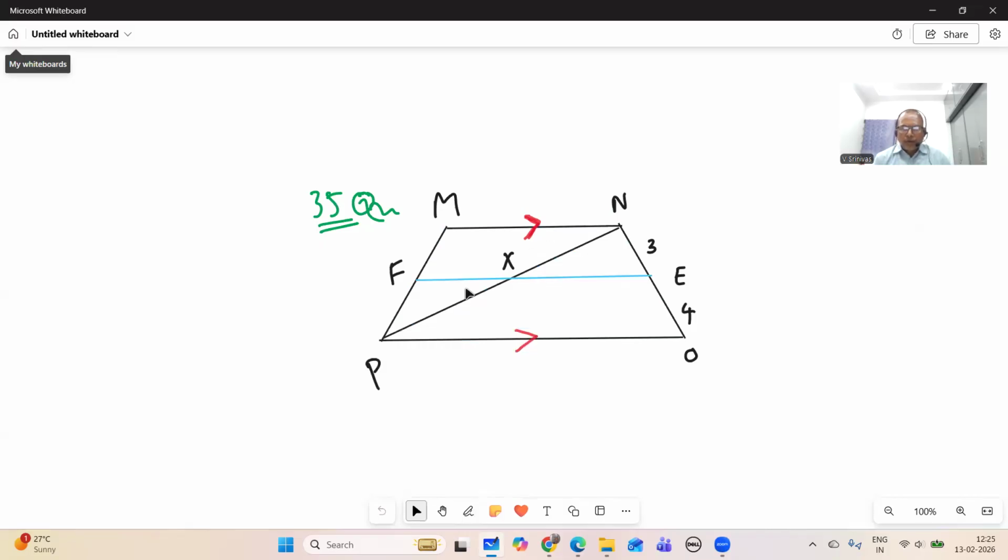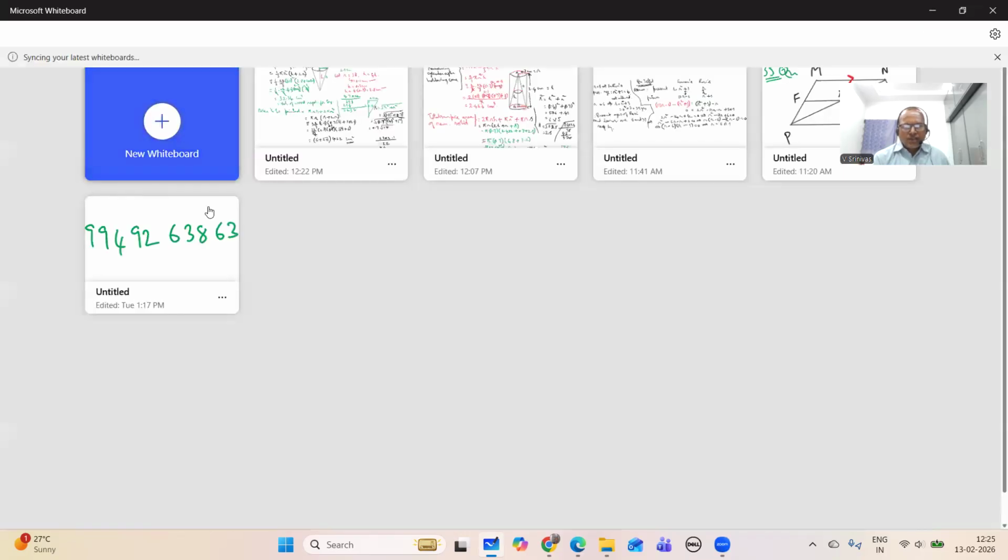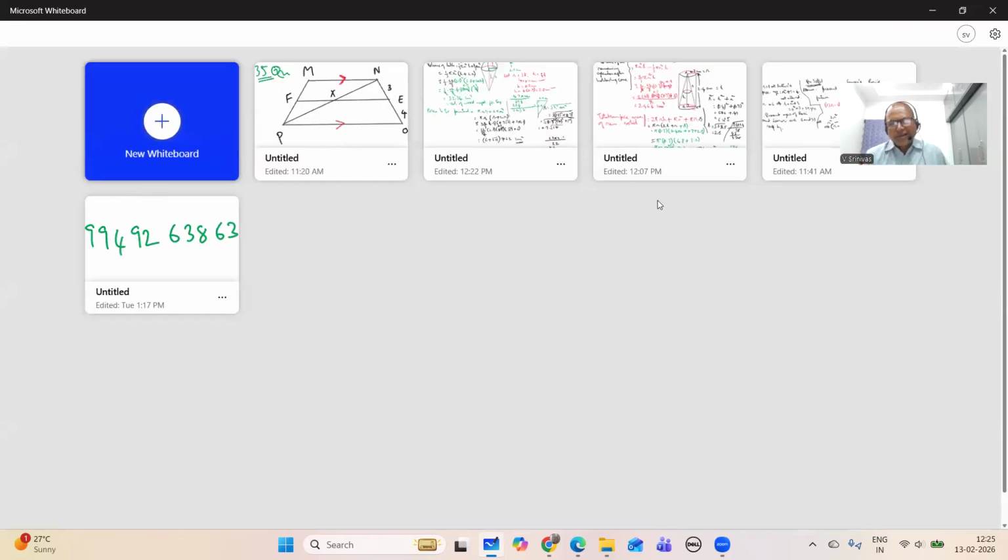And we are asked to compute the value of Fe in terms of Mn, where the ratio of Mn and PO, the parallel sides, is given. That we do using similar triangles. That I will do in my next lecture. Maybe by next lecture, I'll be completing all the problems of this question paper. Okay. Thank you very much.